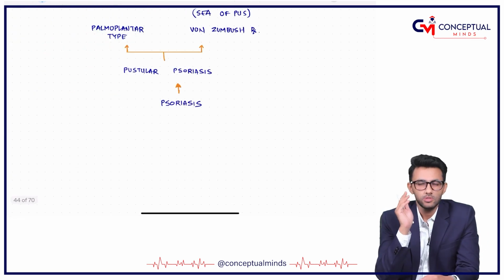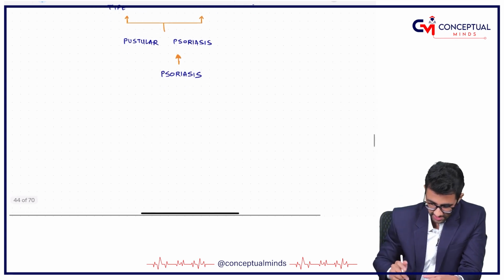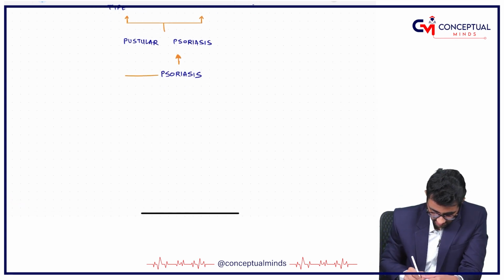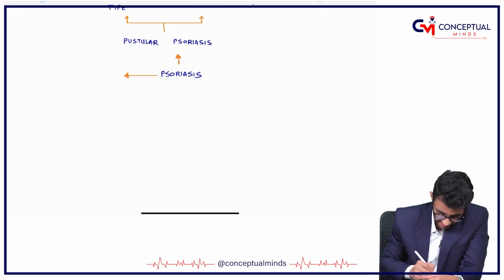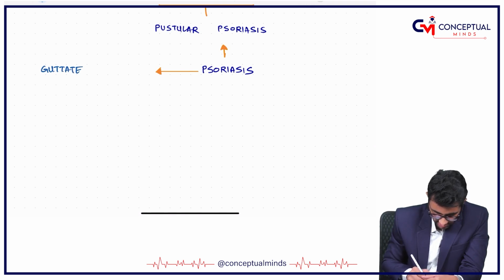Alright, so these two were of pustular psoriasis. Alright, so now let us continue and see more different types of psoriasis we have. Alright, one of it is called guttate psoriasis. Alright, acute guttate psoriasis. Let's write guttate. Guttate psoriasis.